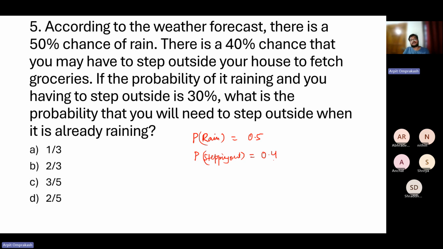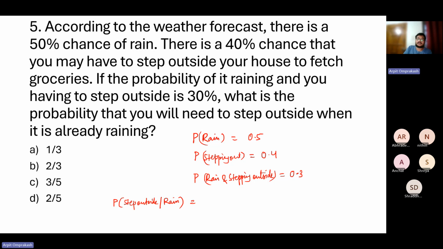The probability of rain and stepping outside is 30% or 0.3. What is the probability that you will need to step outside when it is already raining? So what we have to calculate is the probability that you have to step outside given that it is already raining.